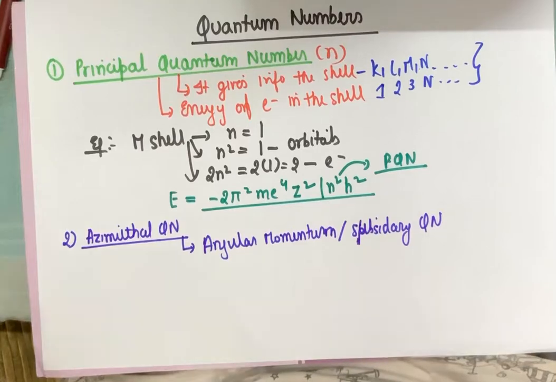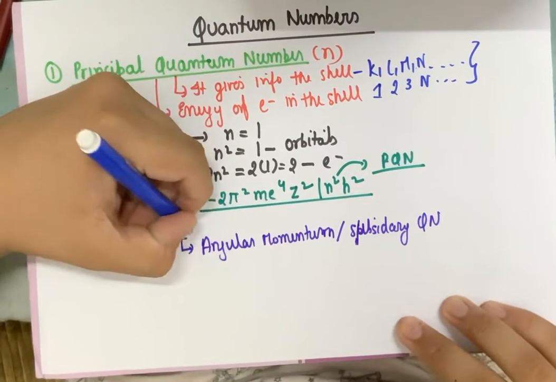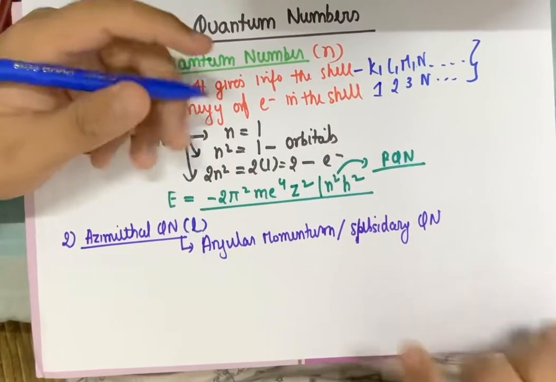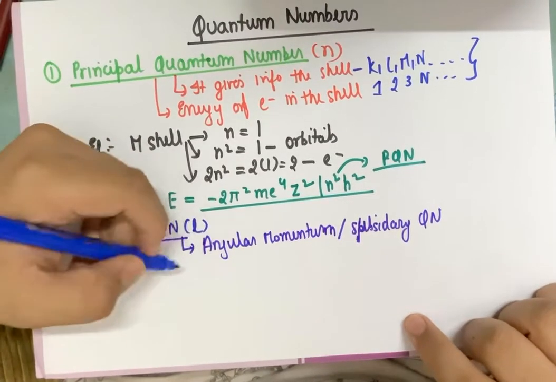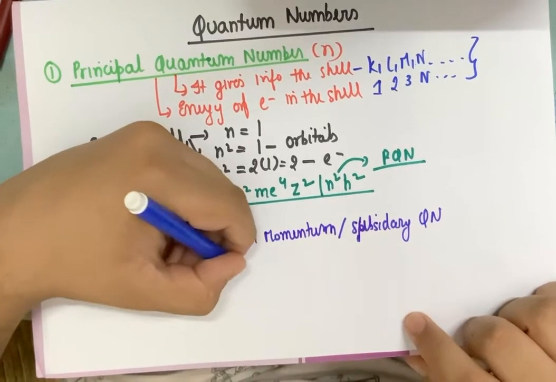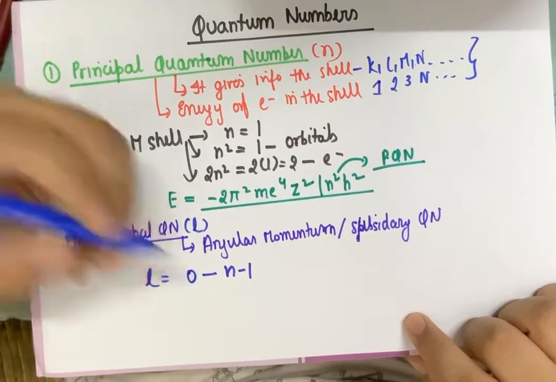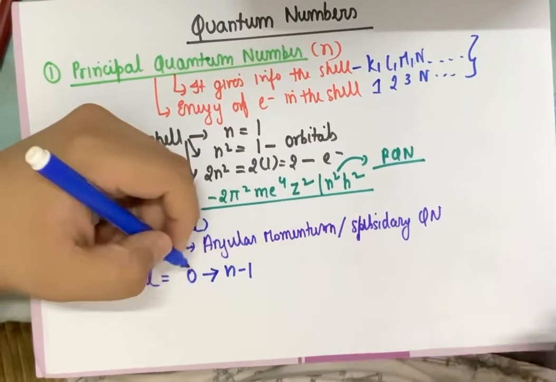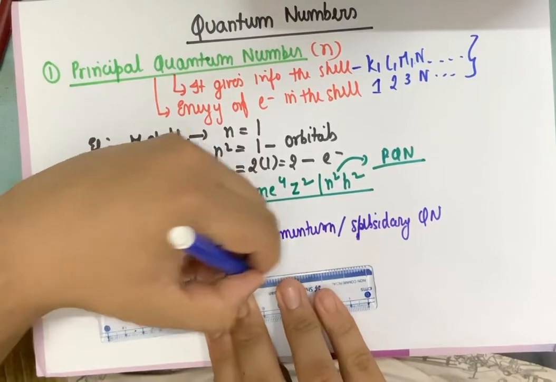Now this azimuthal quantum number is denoted by L. From the principal quantum number n, we can derive the azimuthal quantum number with the formula L is equal to 0 to n minus 1. This is our formula: 0 to n minus 1 is the formula for L from the known value of n.